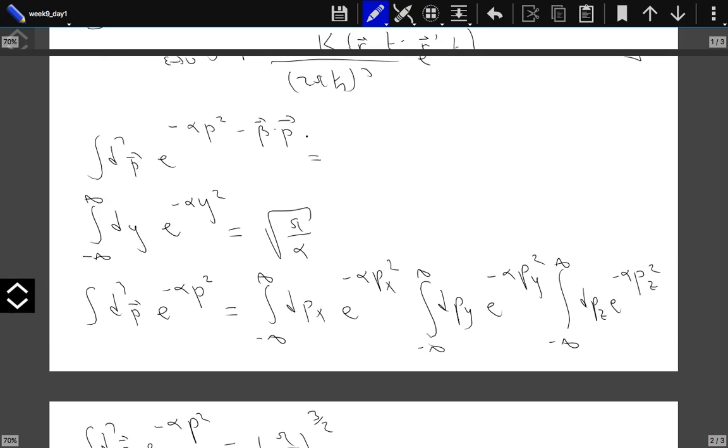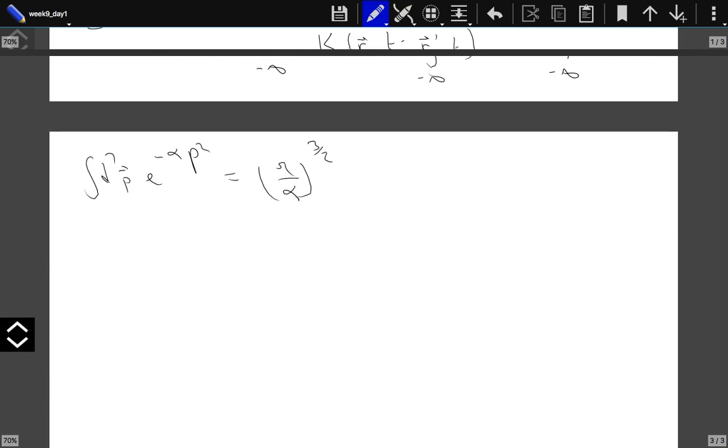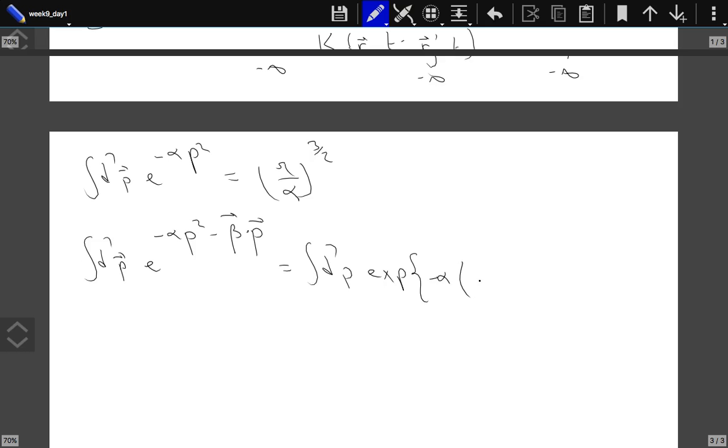Now, of course, I also have that beta term, which will make my life a bit more complicated. Let's look at that integral, e to the power minus alpha p squared minus beta dot p. This is equal to the integral of the exponential of minus alpha times (p squared plus beta over alpha dot p).